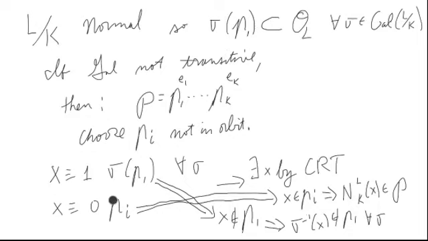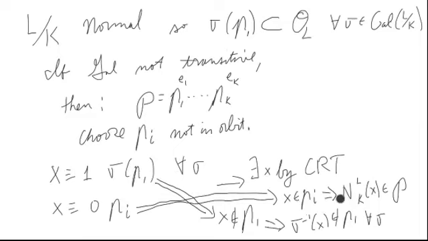So what we're going to do is take that guy that's not in the orbit, and with the Chinese remainder theorem, we can choose an element x which is congruent to 1 mod all these different primes in the orbit of this guy, and we can also choose something that's congruent to 0 mod this prime. All right, so let's see what this means.